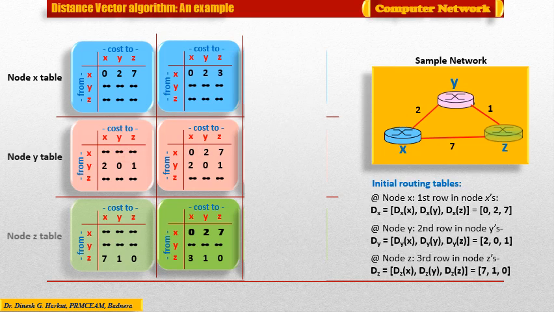And similarly, at node Z, the first row is replaced by the initial distance vector of node X.